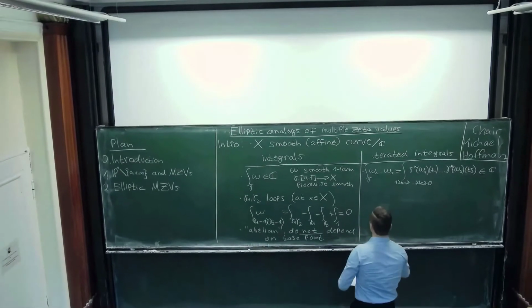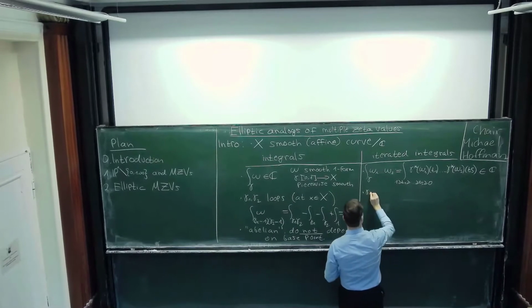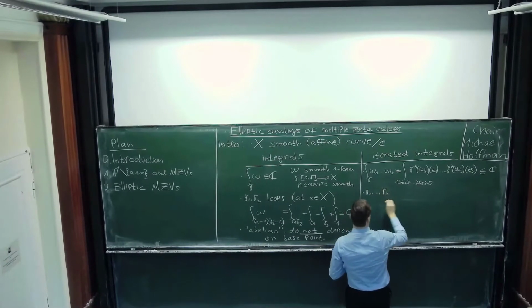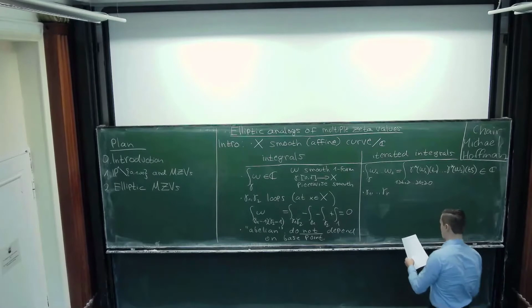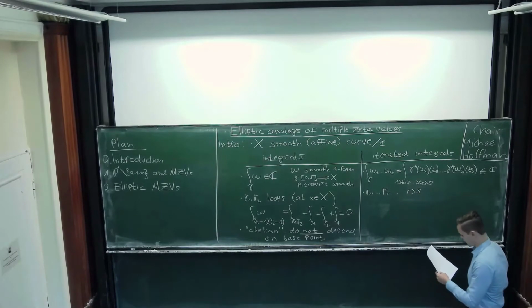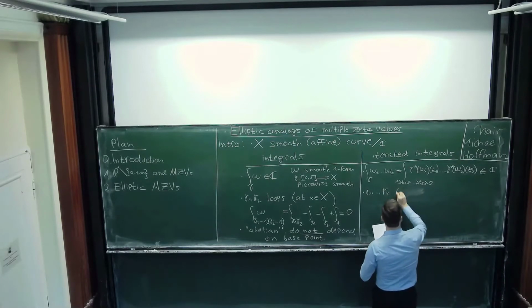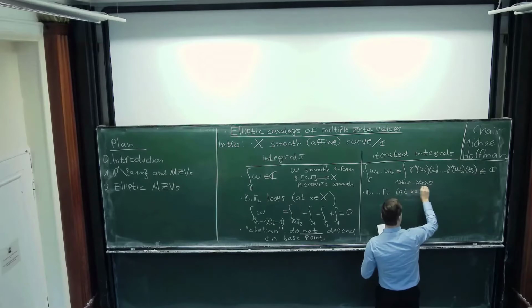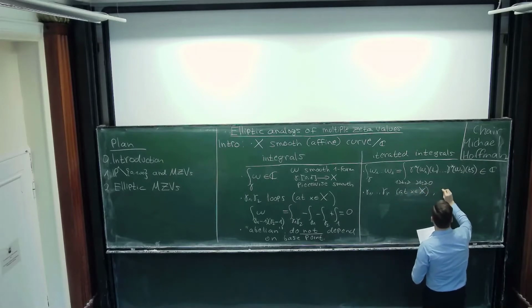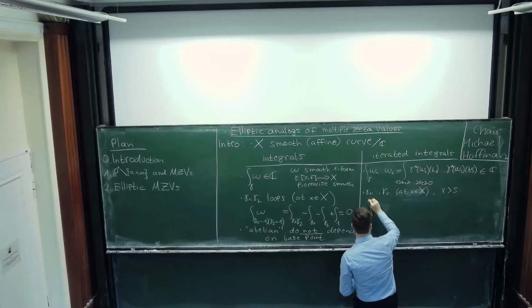Now the corresponding property of the second bullet point here is, if you now have paths gamma 1 up to gamma r, and r is greater than s. So you have more paths than forms, and they're all based at the same point little x in X, and r is greater than s, then you have a corresponding property.